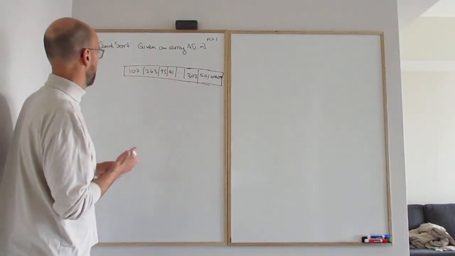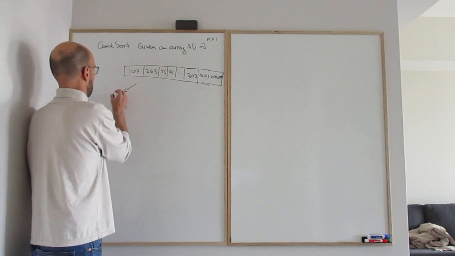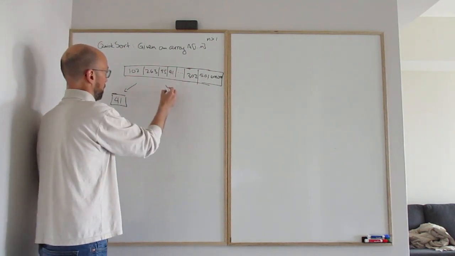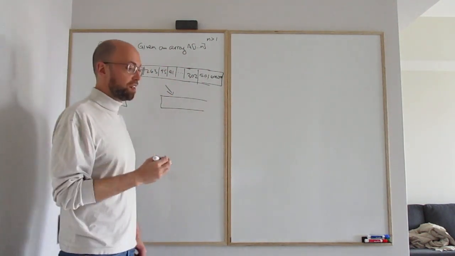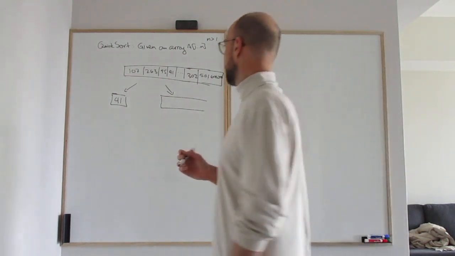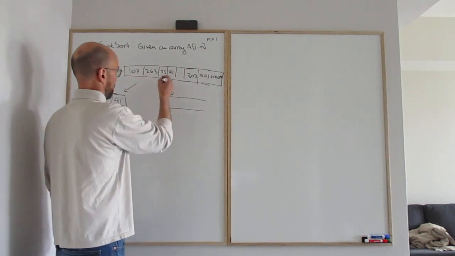So 41 happens to be the smallest number. When I do this, what is less than or equal to 41, what is bigger, everything else. Okay? So if you're unlucky, what's going to happen is you pick the smallest.